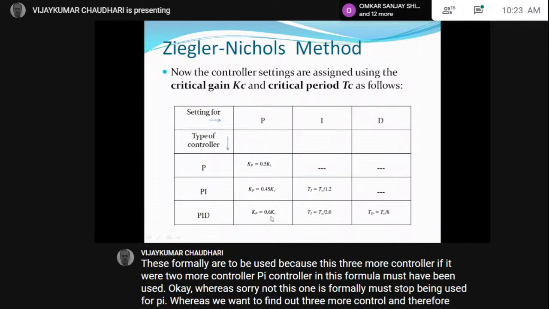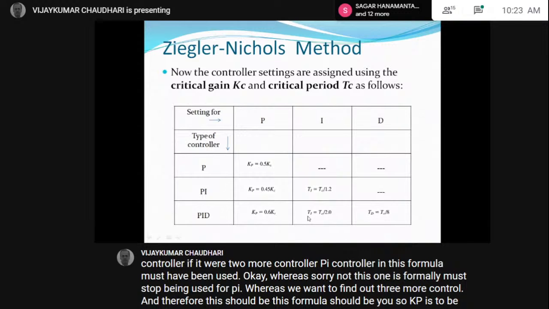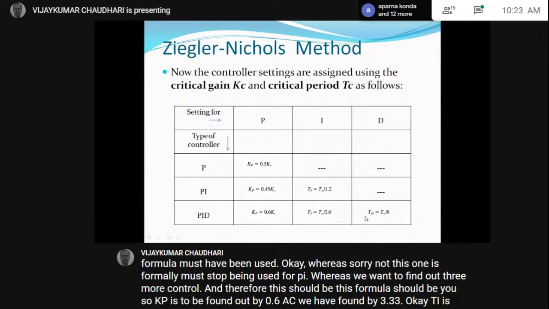So Kp is 0.6 times Kc, which we found as 3.33. Ti is equal to Tc by 2, where Tc is 11.5 minutes. Td is Tc by 8, so Td is 11.5 divided by 8.